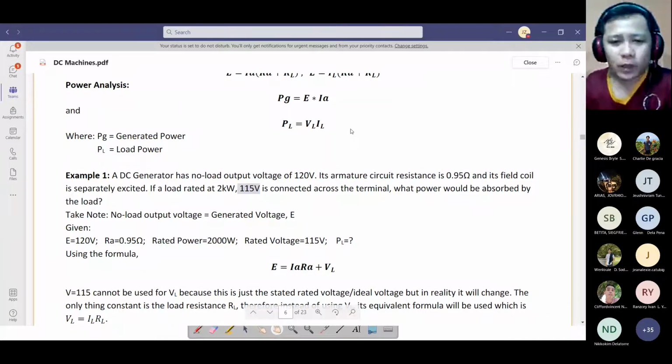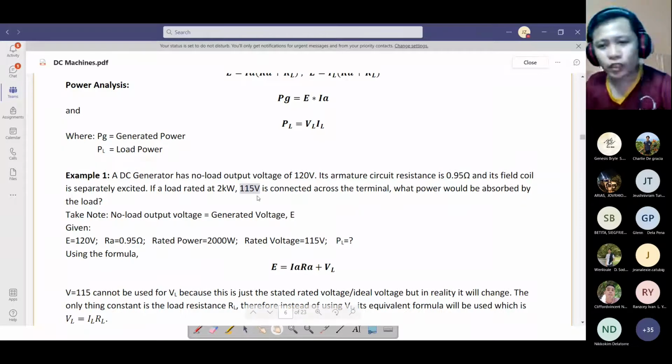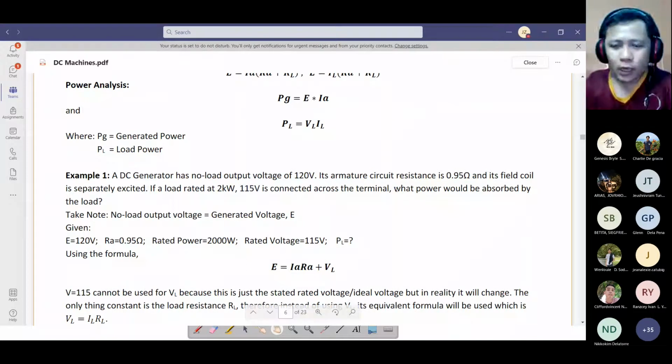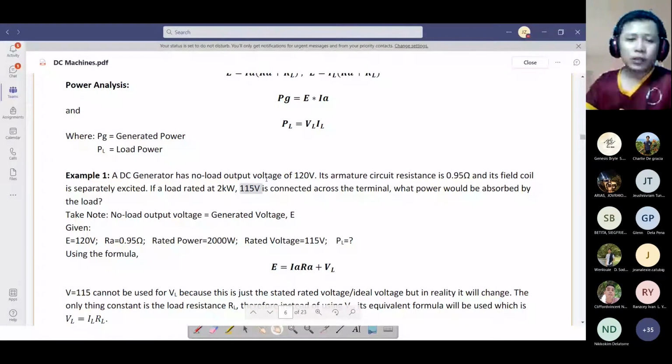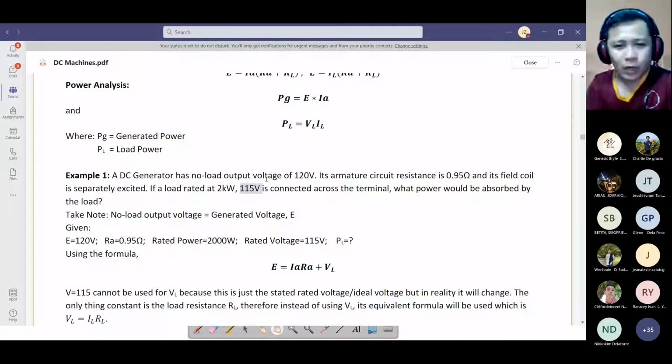So the voltage rating will remain the same if the problem states that your load is operating at rated voltage. I changed this because I remembered that in this problem, nothing was said about what power is absorbed or what voltage is utilized by your load. It was not stated that the load is operating at rated voltage. So what now, sir?